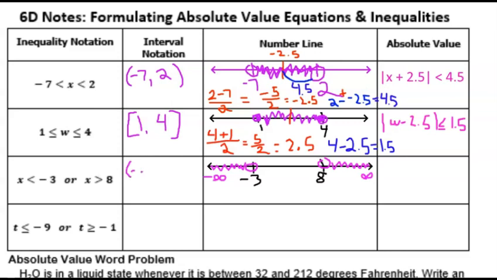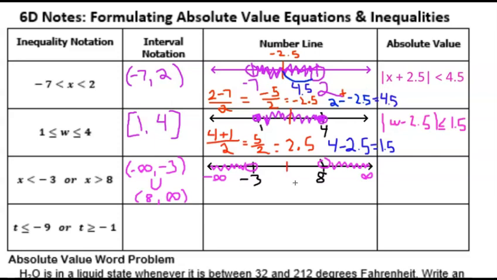We have negative infinity to -3 with parentheses, and then we also have from 8 to infinity. Instead of writing or in interval notation, we'll write a U instead. U stands for union. It's the notation you would use in place of or for inequality notation.